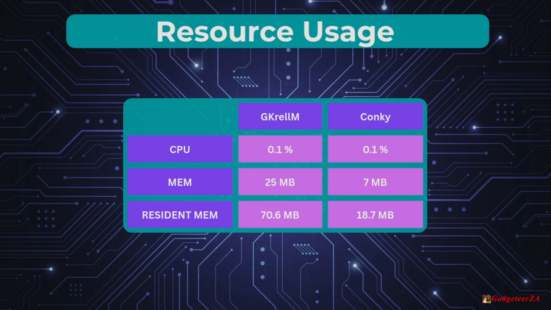GKrellM, I'm not 100% sure, but it also comes on and off, just showing 0.1% when it does actually do a read. On the memory front, yes, it does appear GKrellM is using 25 megs, while Conky is using 7 megabytes. And in the equivalent, which is resident memory, GKrellM is using 70 megabytes, whilst Conky is using about 18.